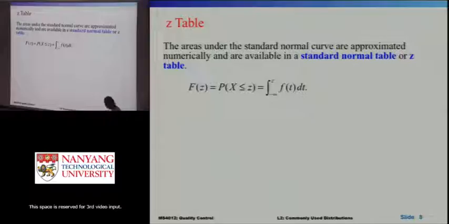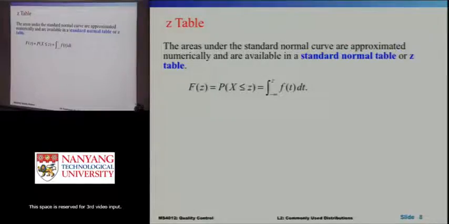So let's look at the Z table together. The Z table doesn't give you the PDF for a certain value. They don't say when Z equals 1, what is the function, because for a continuous random variable, if we integrate the PDF from the same limit a to a, we get 0.